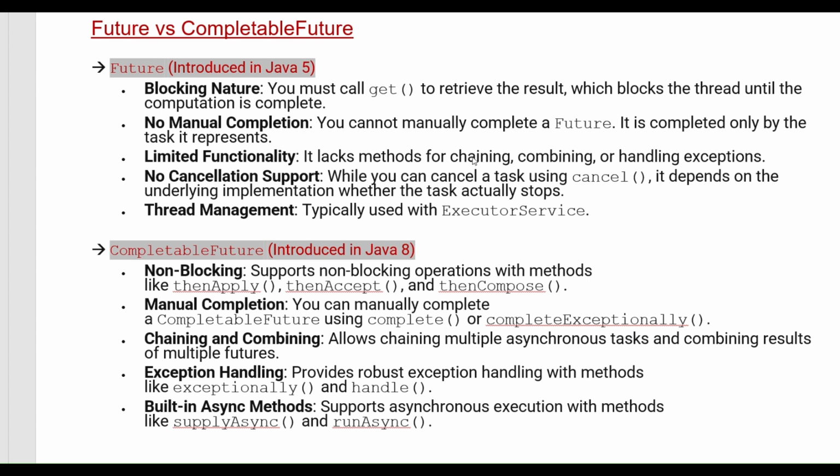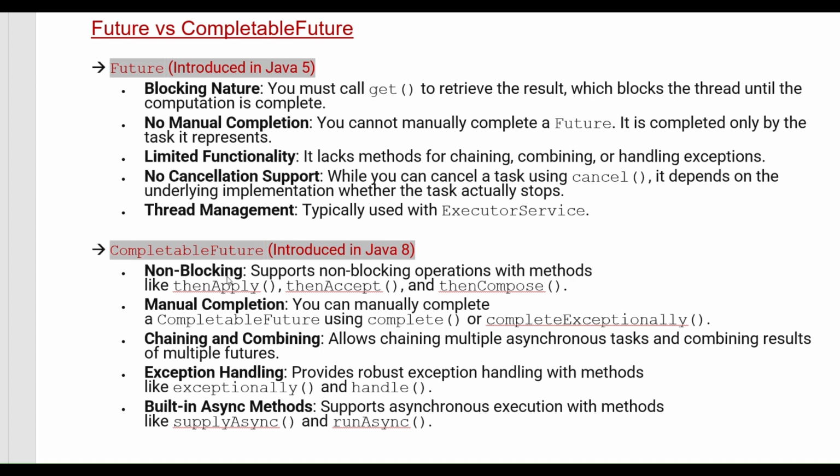It lacks methods for chaining, combining, and handling exceptions, and has no real cancellation support. While we can cancel a task using cancel, it depends on the underlying implementation whether the task is actually stopped. Thread management is typically done with executor services.